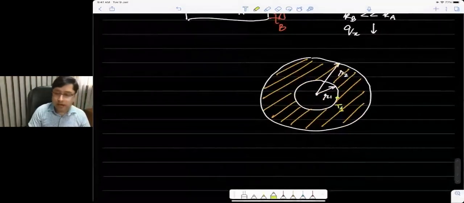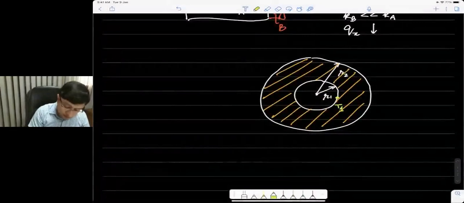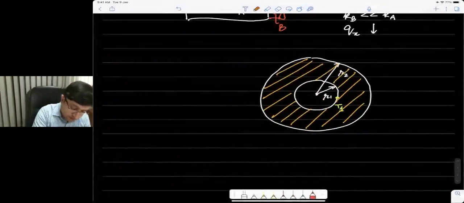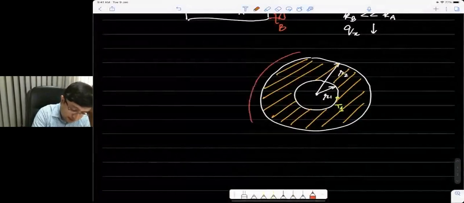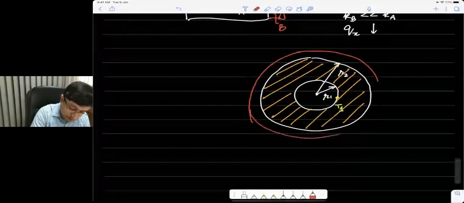And let's say I want to add some insulation to this donut, or to this pipe which is going into the plane of the paper. So let's add an insulation. So we have, let's say, an insulating layer which might be of this type.